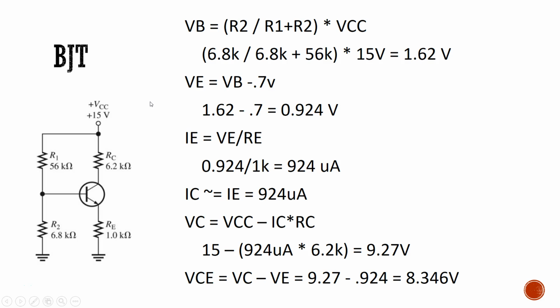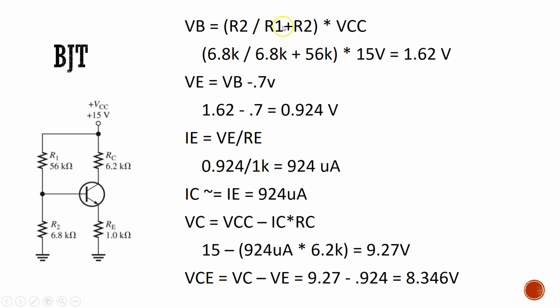Okay, I would keep these notes because once you learn to do this, it's repetitive and you just learn to plug in the right values in the right places. So to solve for the base voltage, we have R2 over R1 plus R2 times VCC.